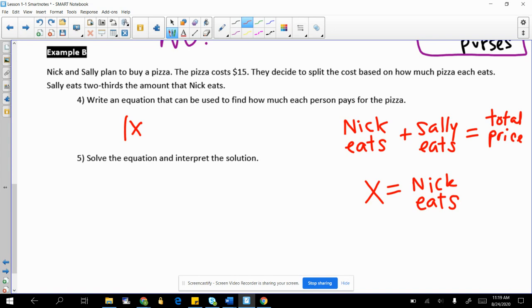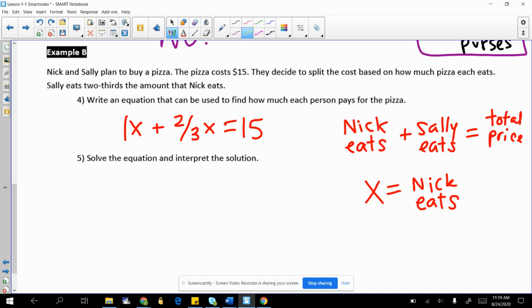All right. He eats his whole portion. Plus, Sally eats 2/3 of his portion. So 2/3 X. And that whole total has to equal $15.